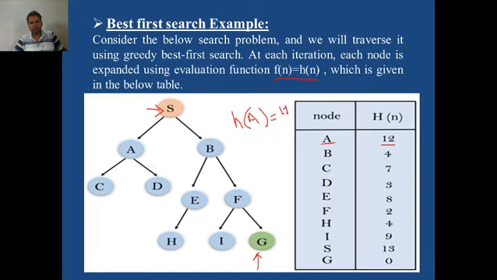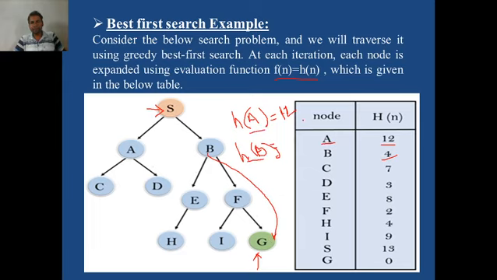Similarly, the heuristic cost for B, h of B, is 4. That means the cost required for node B to reach the goal is 4. This is the meaning of h of A, h of B.